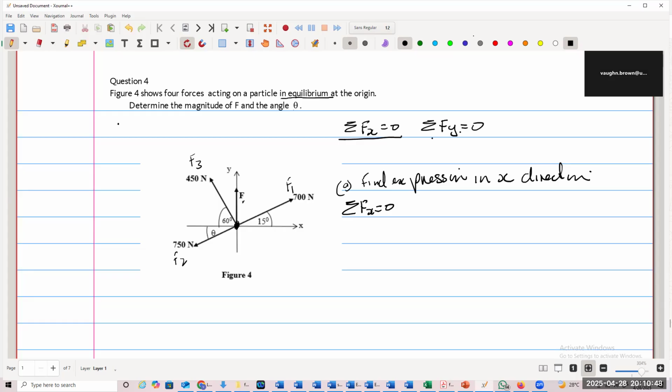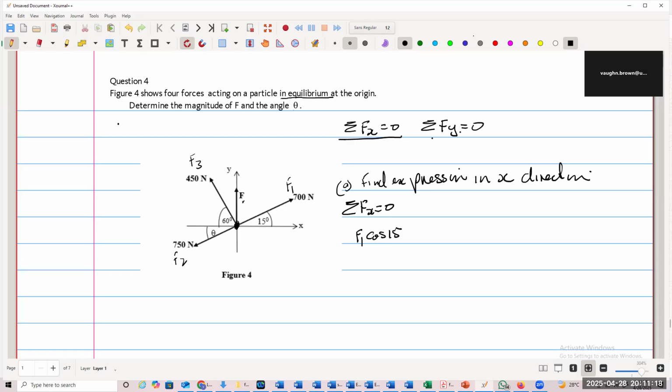It has two positive components. The angle subtended here is 15 degrees, so in the x direction it is F1 cos 15. We know F1 is 700, but we use the symbol first. That is the first component.